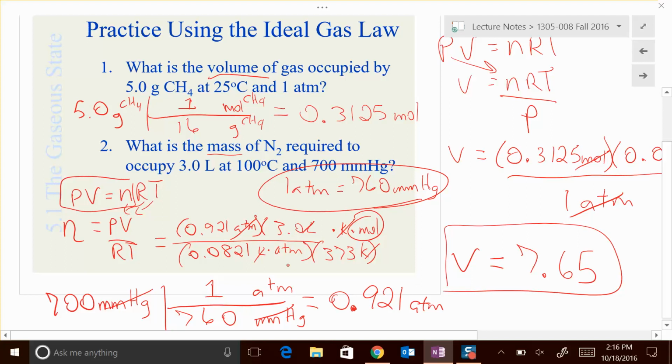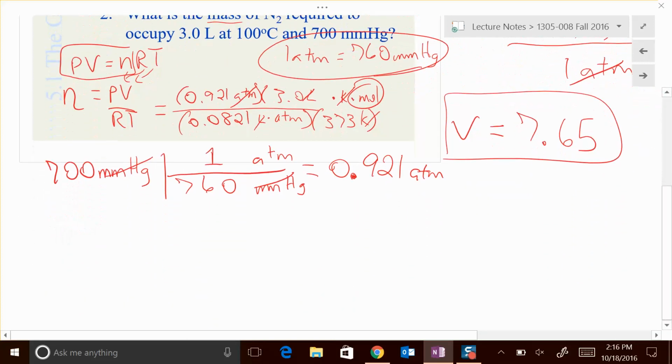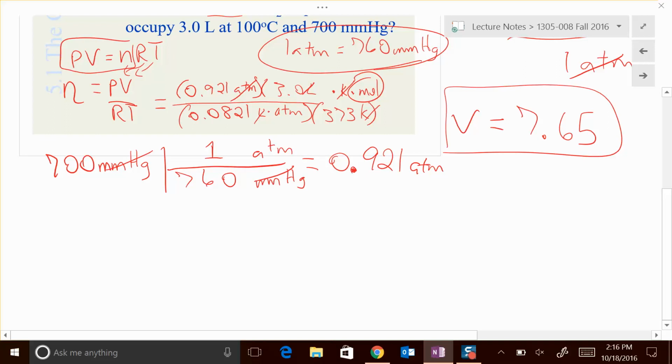Okay, so what is the moles here? 0.921 times 3 divided by 0.0821 divided by 373. What do you get? N equals what?